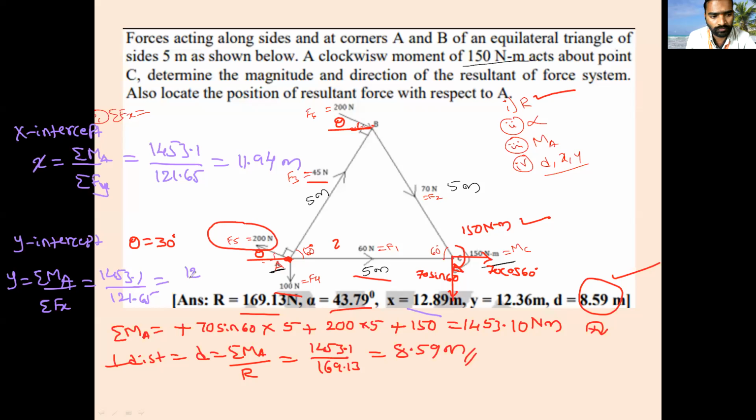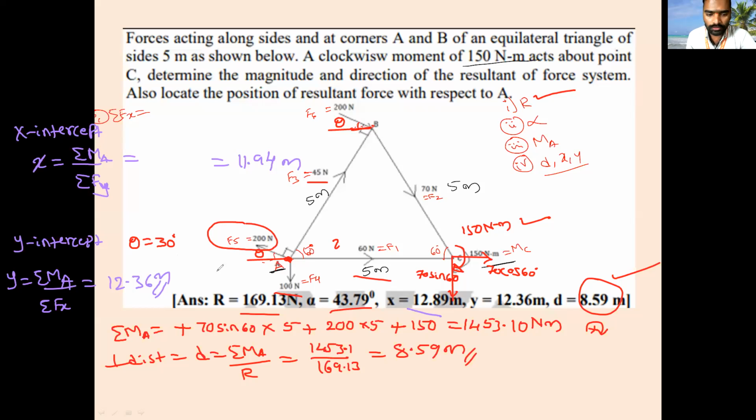It is 117.5, summation of Fx. Write it down. Then tell me the final answer. What is the value of x? What is the value of y? 12.36. Yes, 12.36 is the correct answer. Better. Okay.